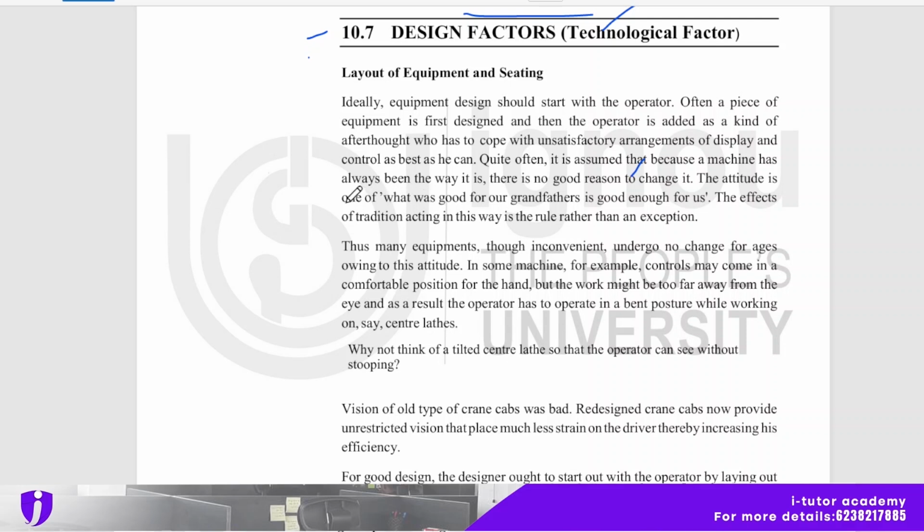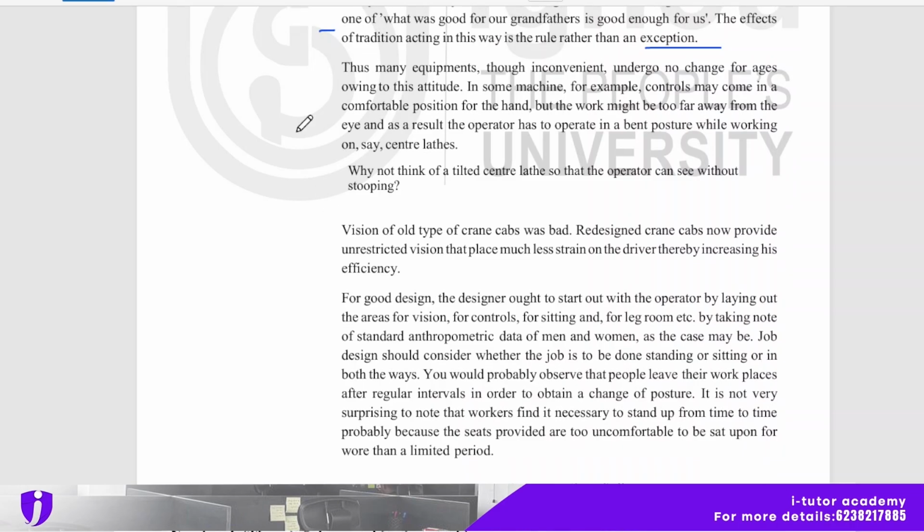And the attitude is one of what was good for our grandfather is good enough for us, and the effect of tradition acting in this way is the rule rather than an exception. And thus many equipment, though inconvenient, undergo no change for ages owing to this attitude.